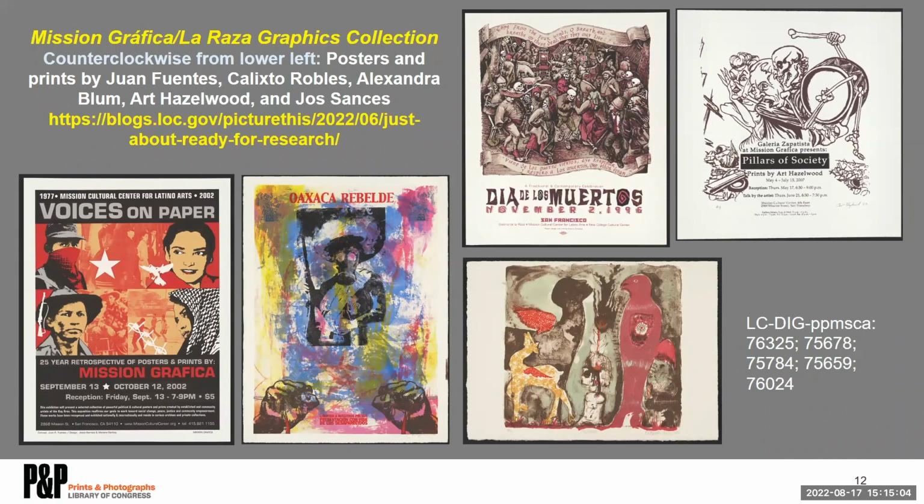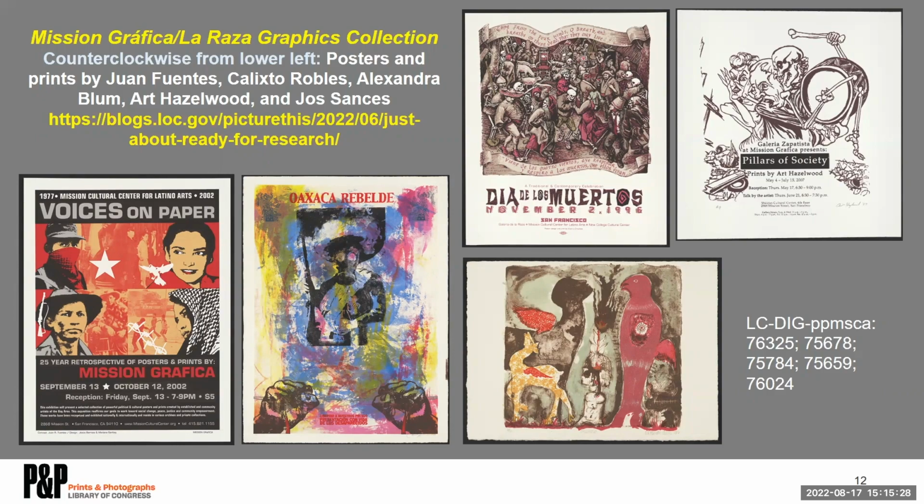And on screen, going counterclockwise from lower left, are artworks by Juan Fuentes. That's his 2002 Voices on Paper poster for the 25-year retrospective of posters and prints by Mission Gráfica. Next is Oaxaca Rebelde by Calixto Robles from 2008. Then Alexandra Bloom's Encuentro monoprint from 2006.